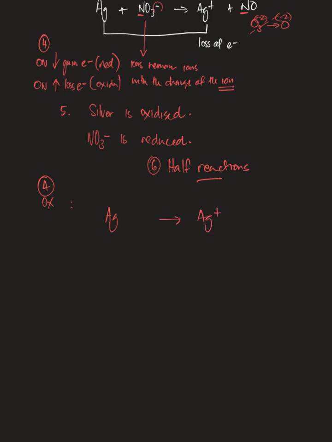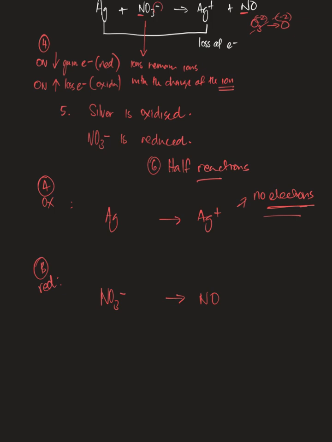And what you'll notice now is that when I'm writing these out, I have no electrons at this point. It's a little bit different for B, the reduction. Here I start off with NO3⁻, and I've got NO. So these are my half reactions without the electrons.